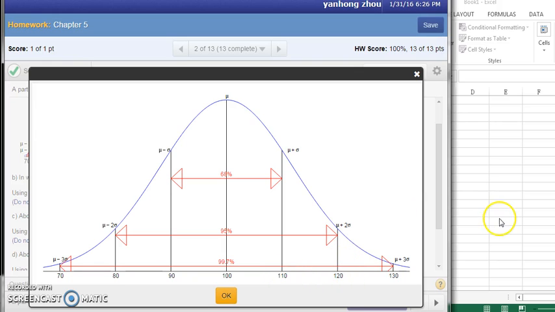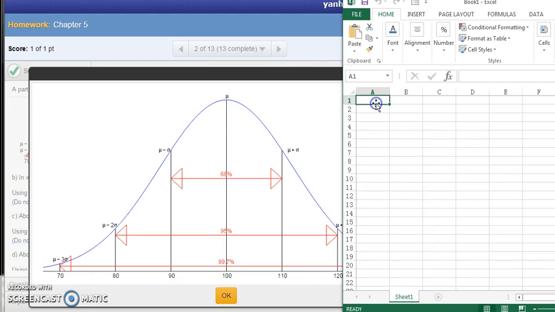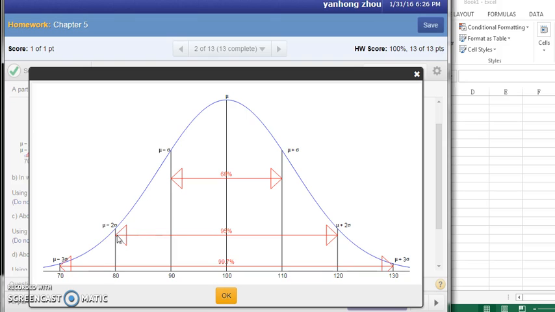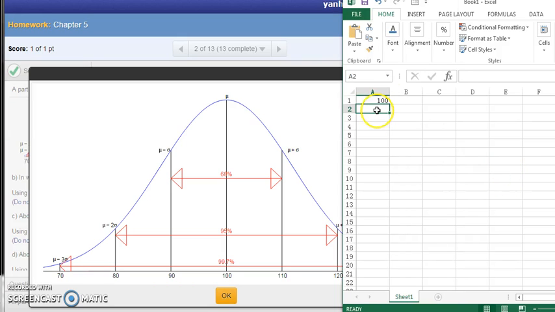How do you do this one? As you know, the total area is 100%, right? So the total area is 100%, and now you have 95% in the middle, from 80 to 120, within 2 standard deviations.